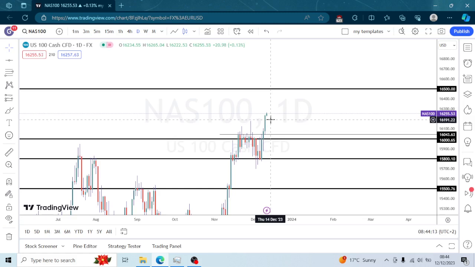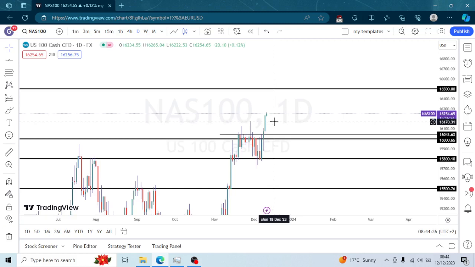Yeah. So anyway, when it comes to bias, when it comes to trading as a whole, before you take a trade, in order to increase your probabilities, you need to be able to properly find a bias or a direction in which you can have a higher possibility of making profit. Because trading is all about probabilities.